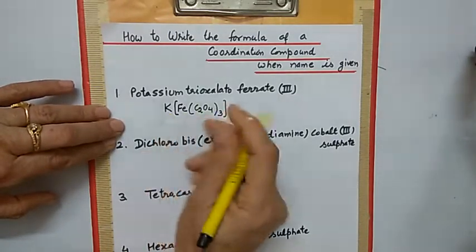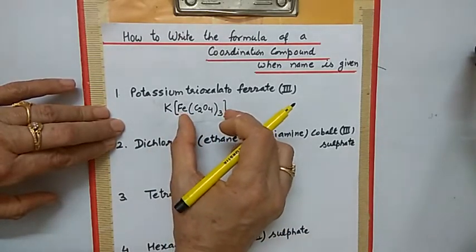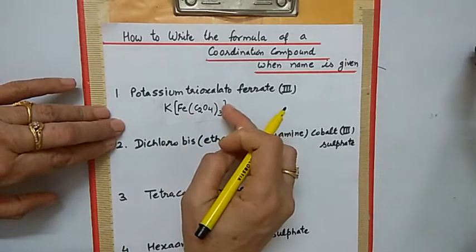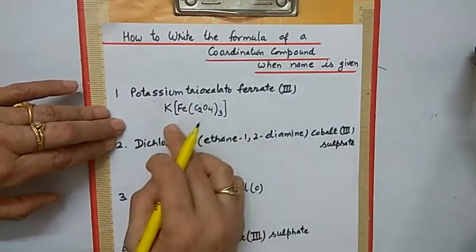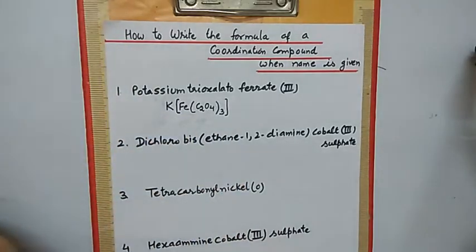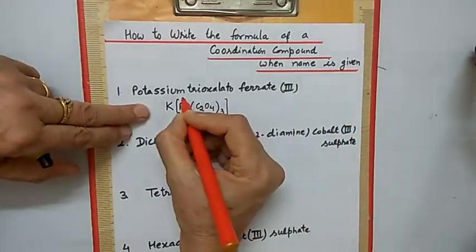The counter ion balances the charge of the complex ion. So first we will find the charge on the complex ion, and accordingly the number of potassium atoms will be written. Fe is in oxidation state 3, that means plus 3.